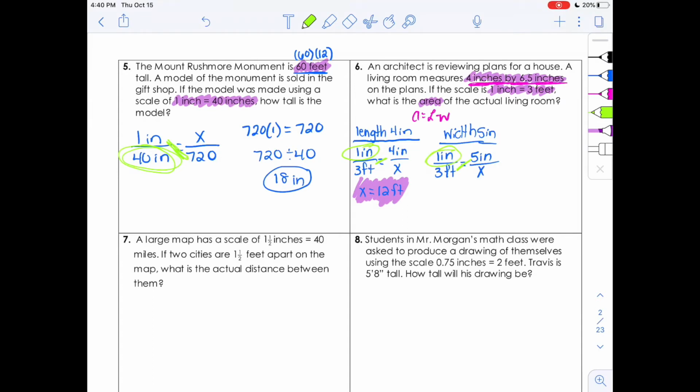So 5 times 3 is 15. 15 divided by 1 is 15 feet. So the width is actually 15 feet. So now that I have my two actual dimensions, I can now find the area. And remember, to find area, we multiply our length times our width. So we're going to multiply 12 times 15.